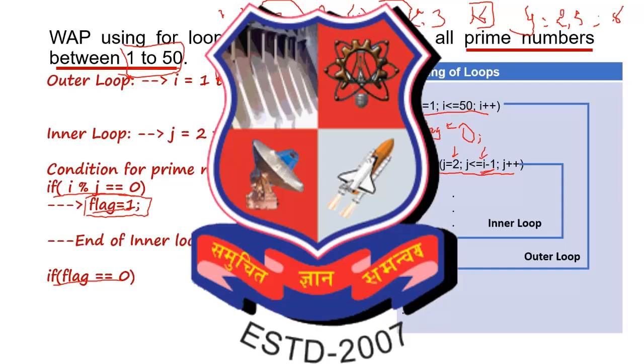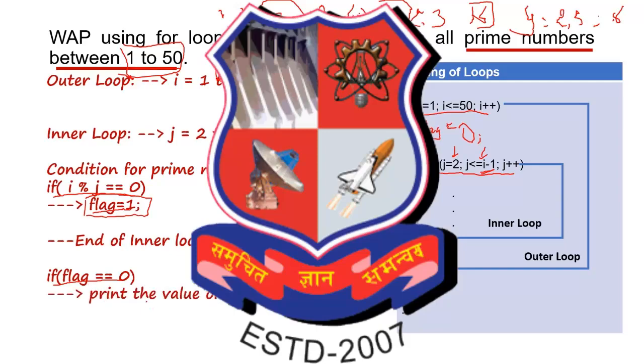If the flag value is 0, then our number is a prime number, because if the flag value is set to 1, then that number is not prime. If the flag value remains 0, then it is a prime number.